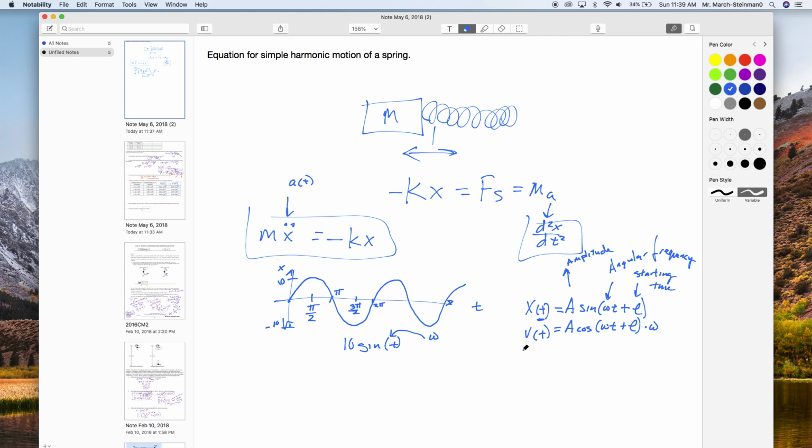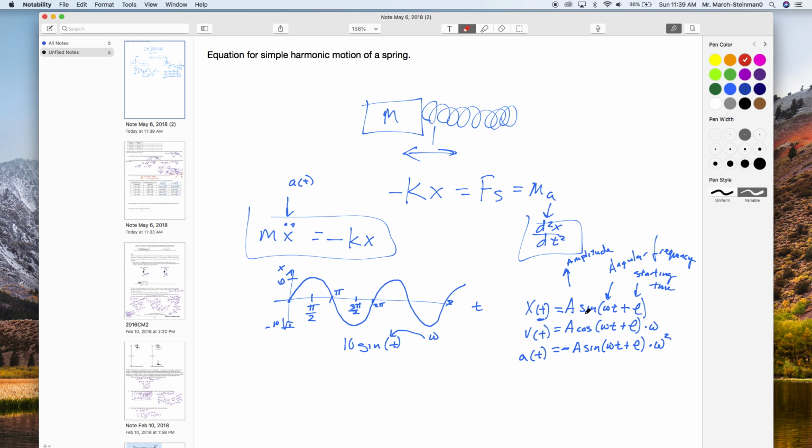And likewise, I can do the same thing to find a. a of t is negative A sine of omega t plus phi times omega times omega, which means just omega squared. Remember, omega and A and phi are all constants, so they should be treated like constants when you differentiate.